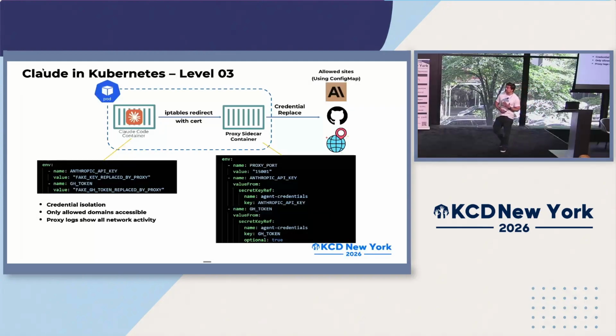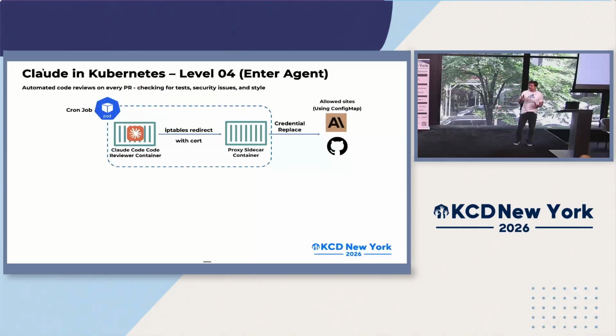So if I go to next level, okay, let's see, click this. All right, so now we have a Claude Code running. We have isolated the keys, proxy sidecar, IP tables redirect, CERT. So now we are going to create an agent. For this purpose, we are just creating a code developer and code reviewer agent.